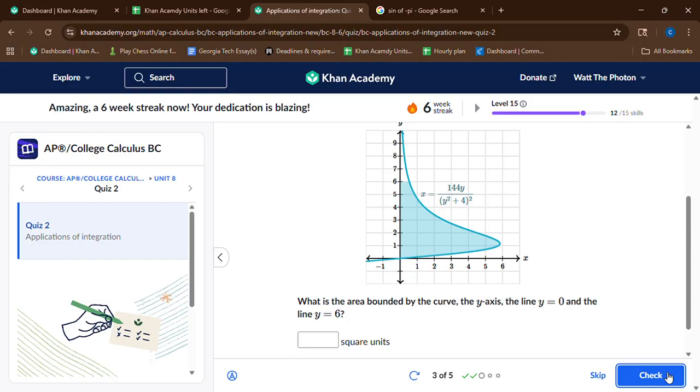Trigonometric functions. It's not trigonometric.